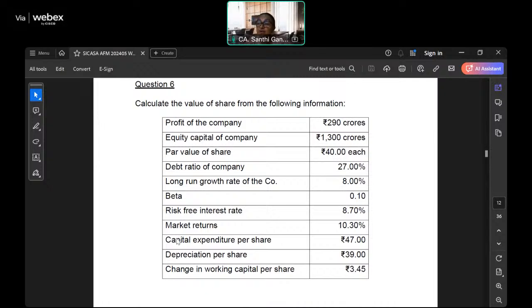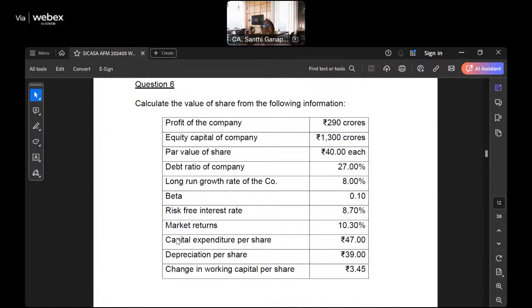We are interested in shareholders' value. So, a company requires free cash flow for many things: to develop new products, to make acquisitions, to pay dividends, to buy back shares, reduce debt. Now, all of this is going to influence the value.